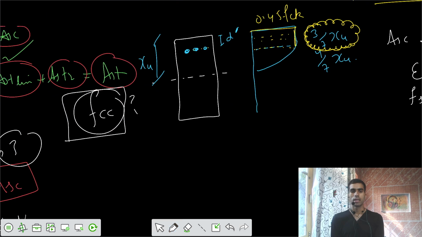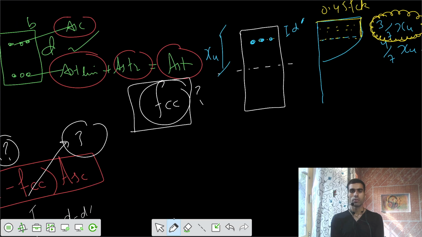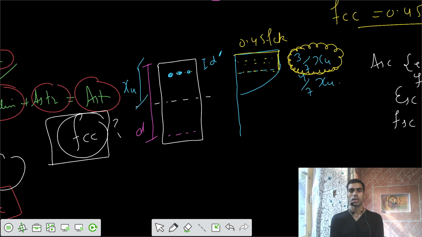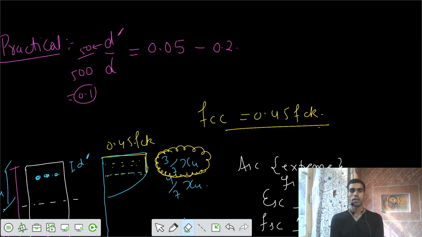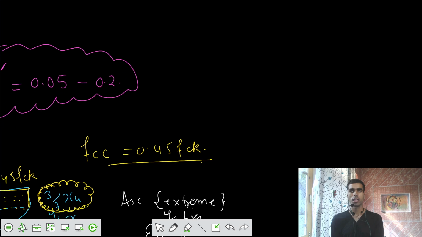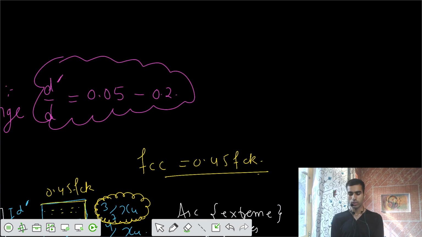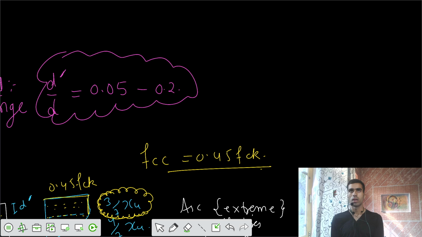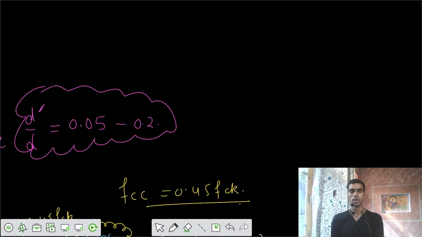So there is an effective depth of d dash and an effective depth of d, and the general value of the ratio d dash by d is in this range. This is our practical range, and based on that we are going to use different kinds of steel, see what the strain is, and correspondingly see where our steel bars have to be placed.